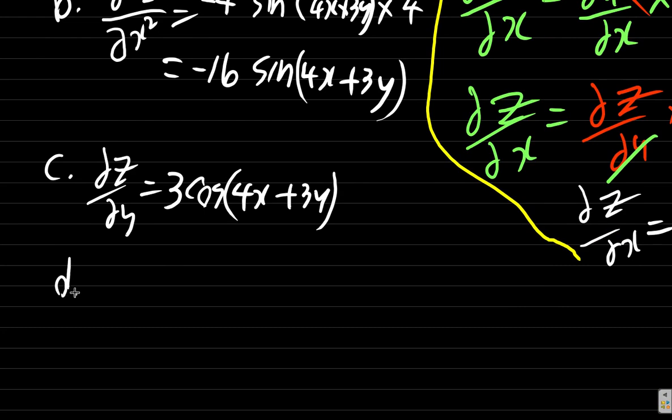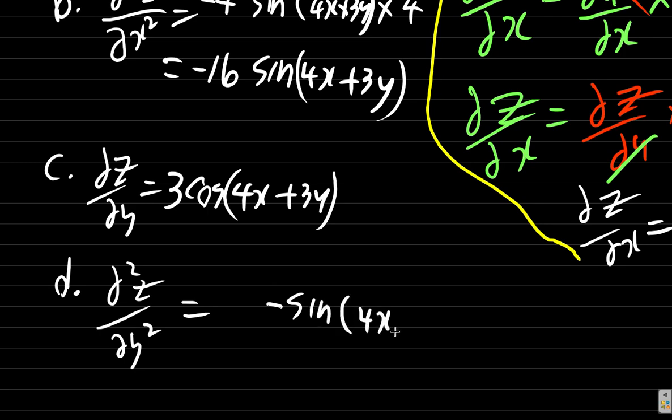And then part D now, del squared z by del y squared. We differentiate this again with respect to y. So we differentiate cos of something, you get negative sine of it. So it's negative sine of 4x plus 3y, and this 3 is there, minus 3 sine 4x plus 3y.